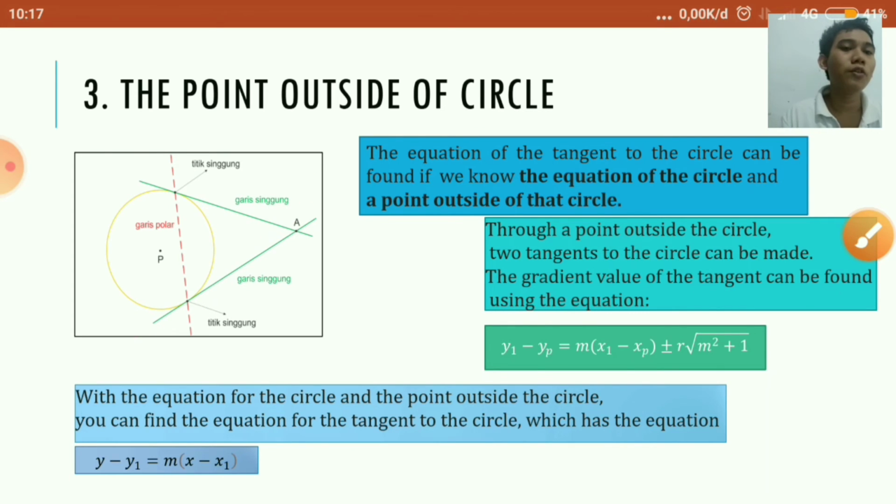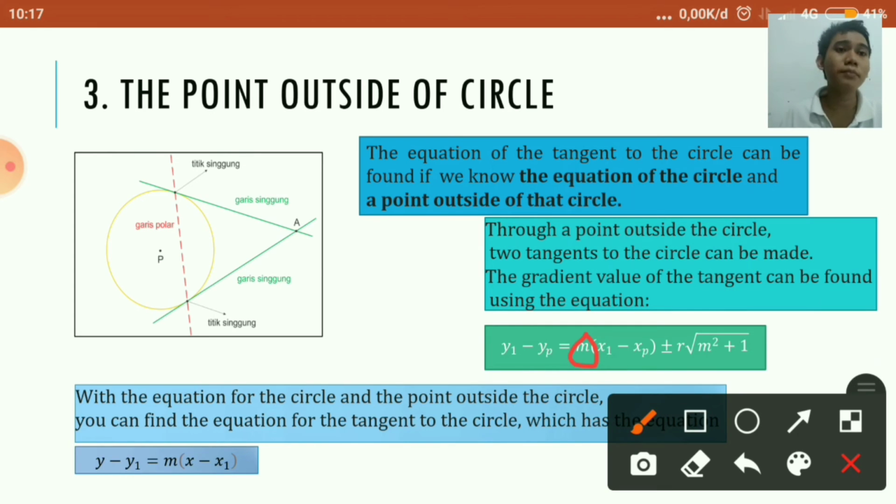The gradient value of the tangent can be found using the equation y1 − yp = m(x1 − xp) ± r√(m² + 1), where m is the gradient.